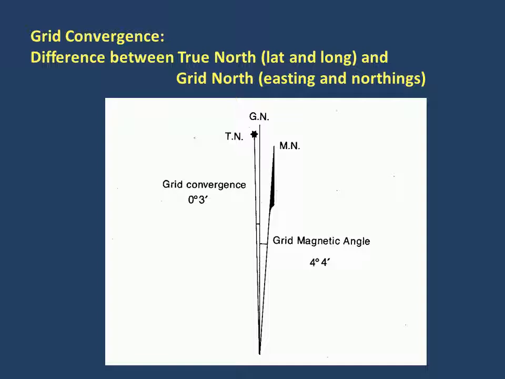As we saw, these things typically will not align properly, and there'll be what we call some angle between them, which is what we call grid convergence. That angle is typically quite small. We don't want it to be too large, otherwise the map is not very useful. So grid convergence is typically only measured, as you can see here, in fractions of a degree. In this example, the grid convergence is given as 0 degrees and 3 minutes of arc. So it's actually quite small.